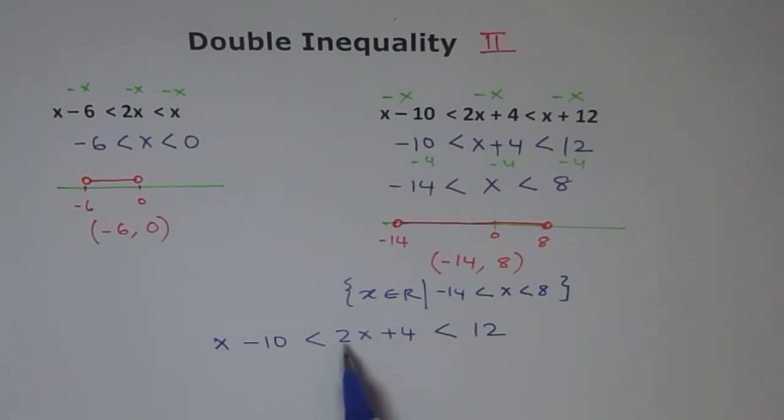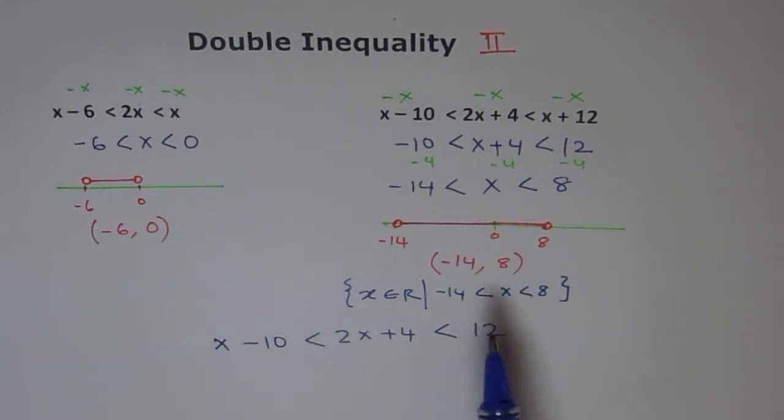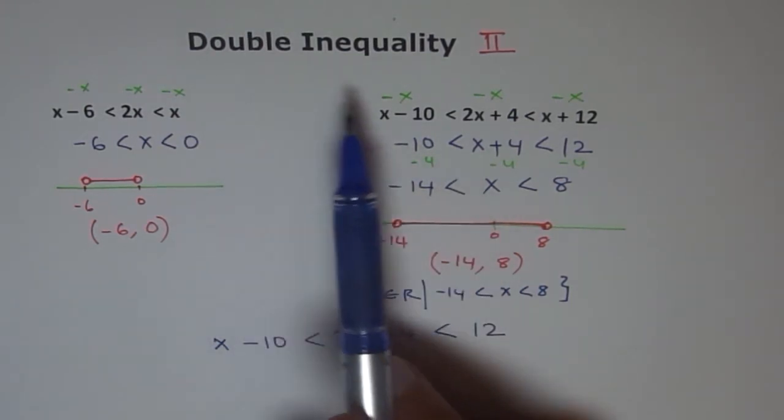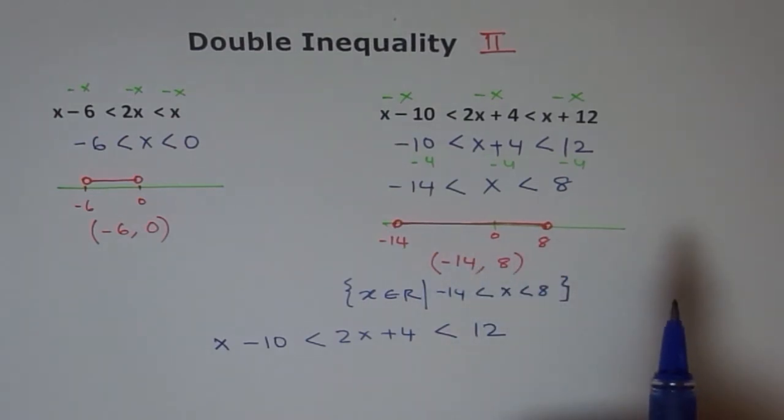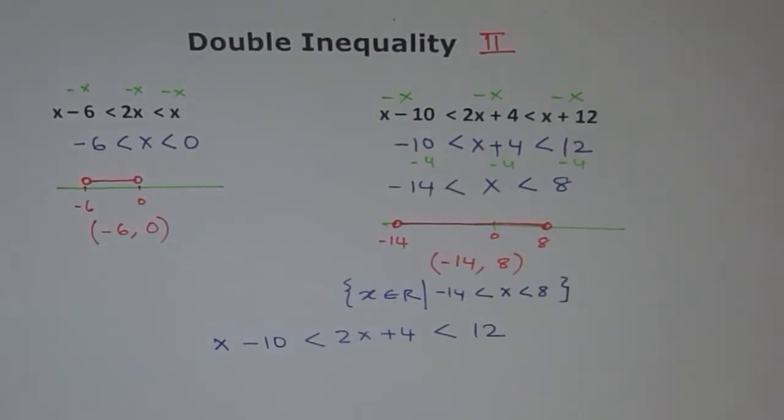X is greater than something, and which is greater than something. I may or may not get an answer, correct? So there could be difficulties at times in doing such kind of problems. We will take up those problems in the next section, okay? By the way, understand double inequality solutions in part 1 and part 2 and get ready for the next section. Okay, thank you.